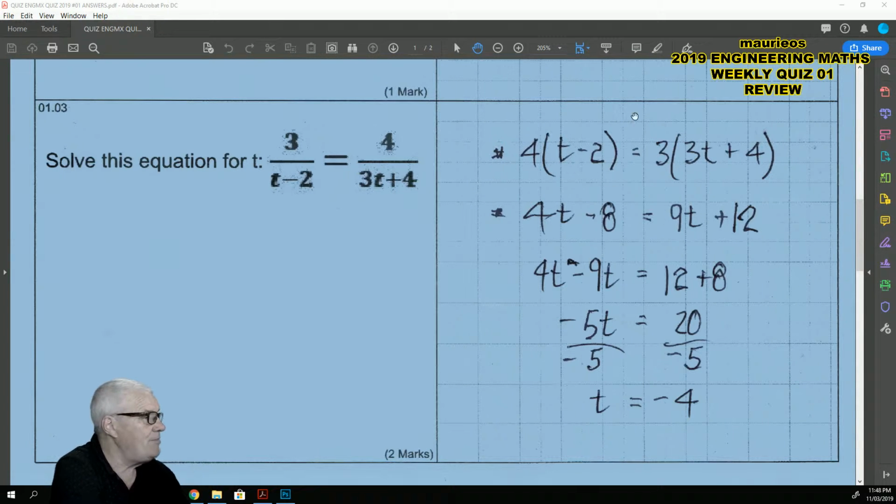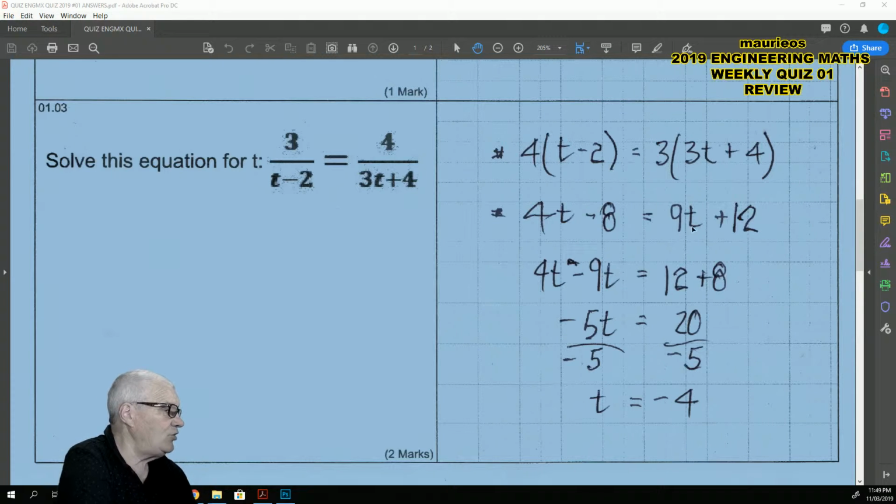So note the brackets, because it's 3 times everything on the bottom and 4 times everything on the bottom there. So we put those like that, and then we expand them out. Expand, remove the brackets. So we've got 4t minus 8. 4 times t, 4 times minus 2, 9t plus 12.